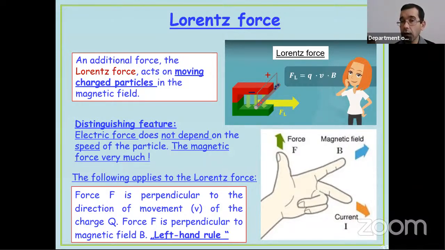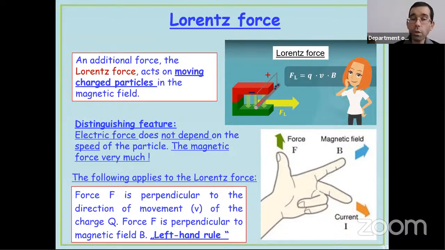The magnetic field is measured in Tesla, the SI unit of magnetic field. To determine the direction of the force, you have to use a vectorial product between the velocity vector of the charged particle and the magnetic field.